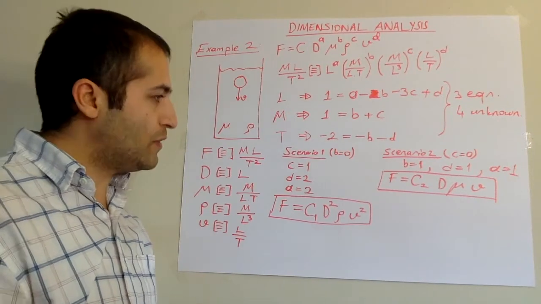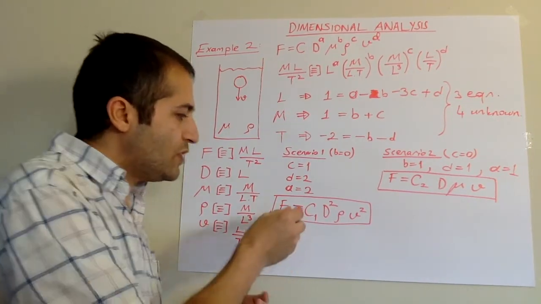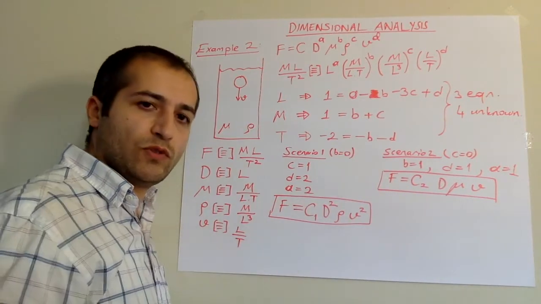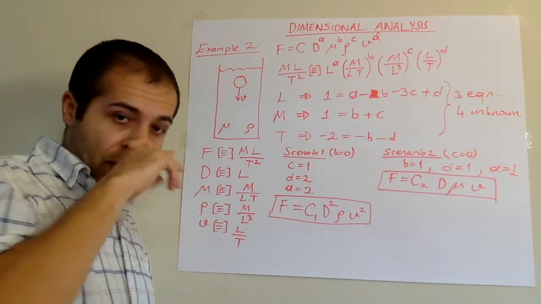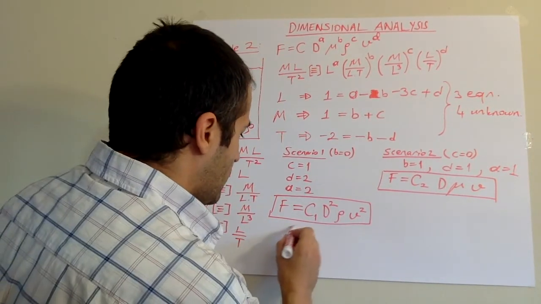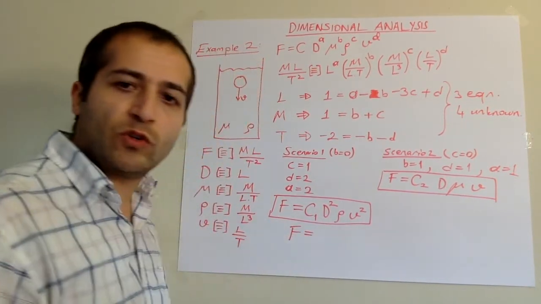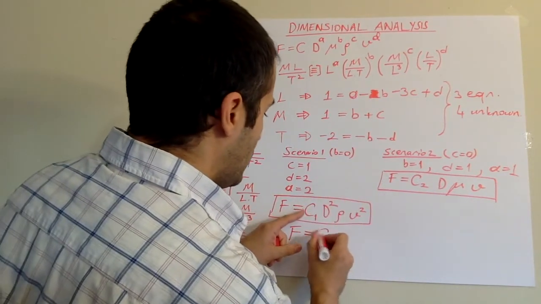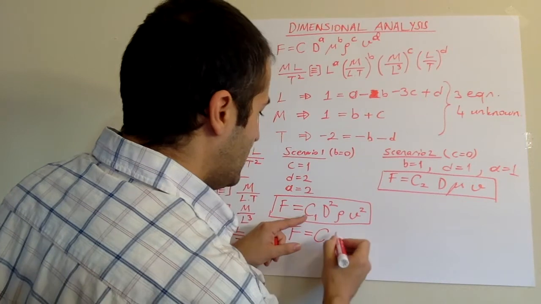So we have come up with two possibilities. Either this is true or this is true, or you can say maybe none of these is true. But here's the thing. I can even have a formula for f, which is going to be a linear combination of these two. I'm going to tell you the reason in a second.